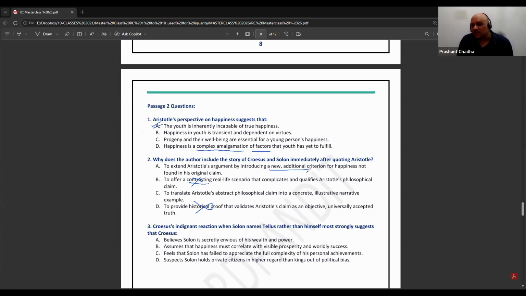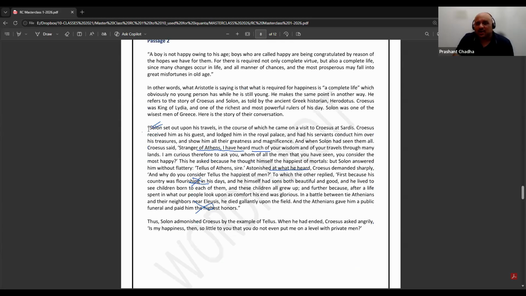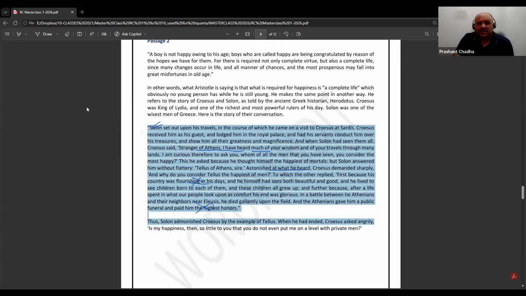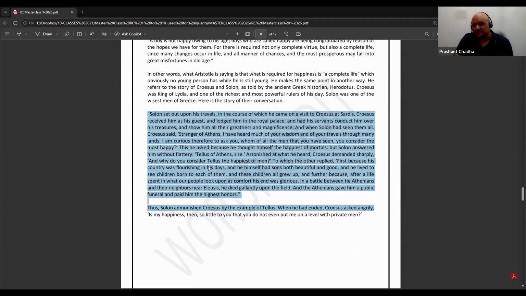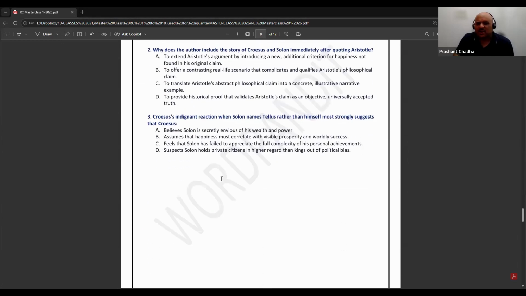It is building on what was already said. It's an example of what was said, right? Structurally speaking, Aristotle's view was given, and then this is just serving as an example of what Aristotle said. It's not introducing something new. Hence, option number C.